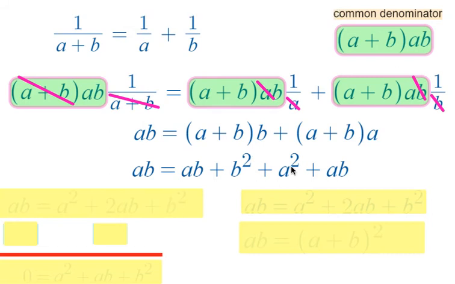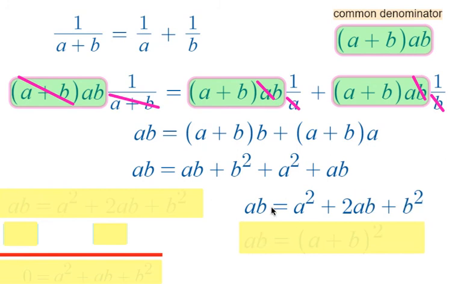Okay, now we can combine like terms. So I have an AB over here, an AB here. So I actually have two ABs. And I like to put things in alphabetical order. So I'm going to say A squared plus 2AB plus B squared.